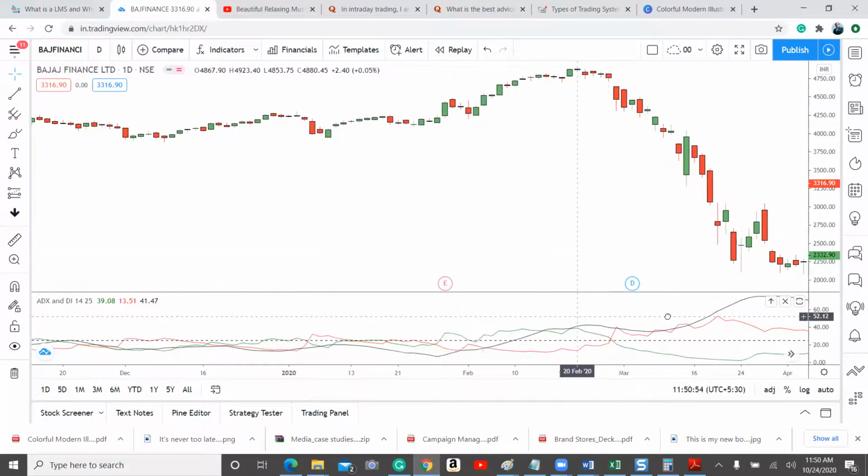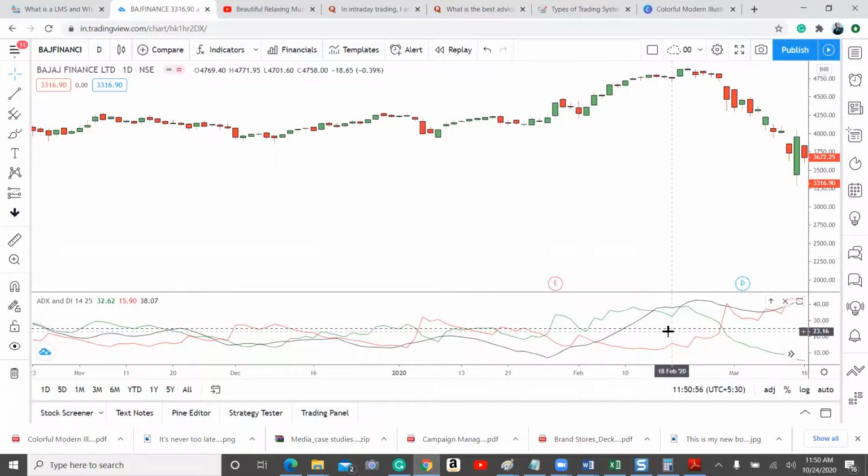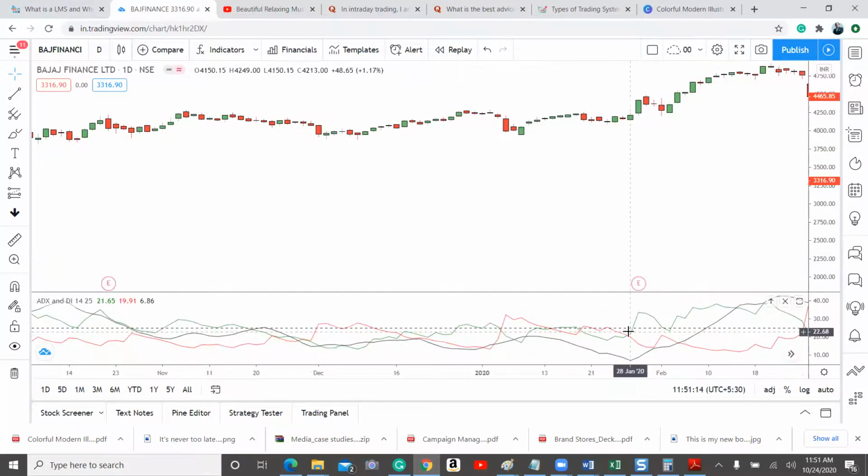Whenever this black line is above 25, for example, this dotted line is the 25 level, it indicates a stronger trend. If the green DI line is above the red DI line, it indicates a stronger uptrend. For example, can you see here, the green line has crossed above the red line, which indicates a stronger uptrend, while the ADX line is above 25.